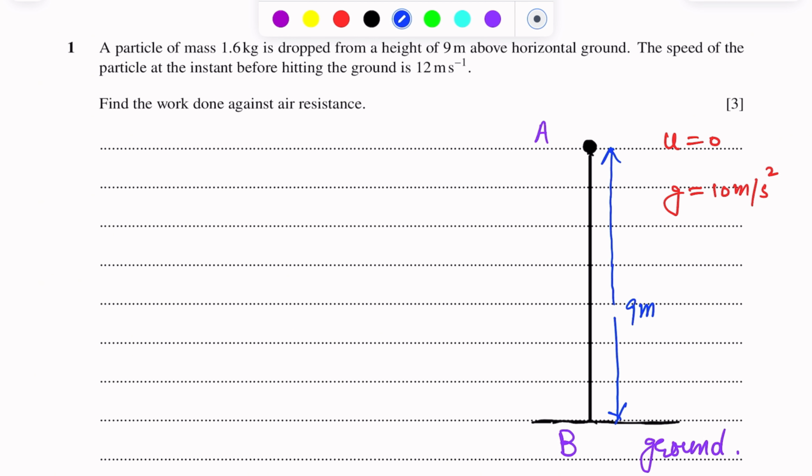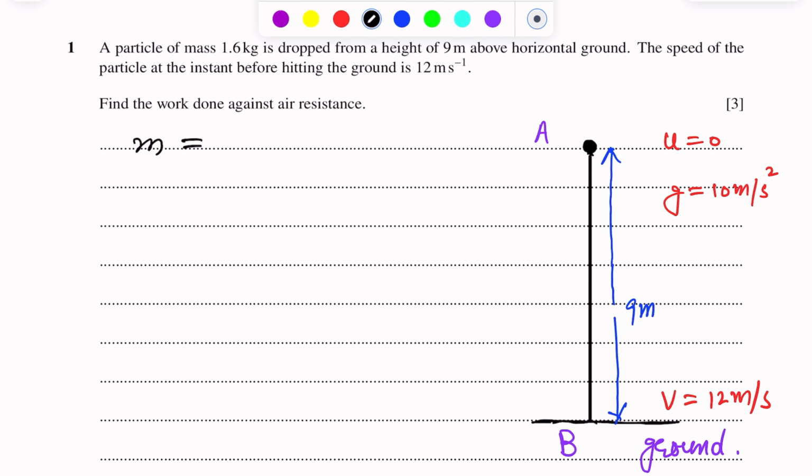The final speed before hitting the ground is 12 meters per second. Initial speed is 0, final speed is 12, 9 meter distance from the ground. Mass of the particle is 1.6 kg.